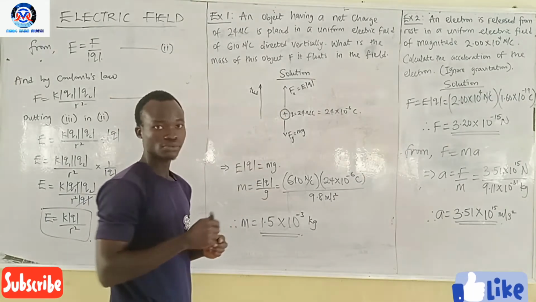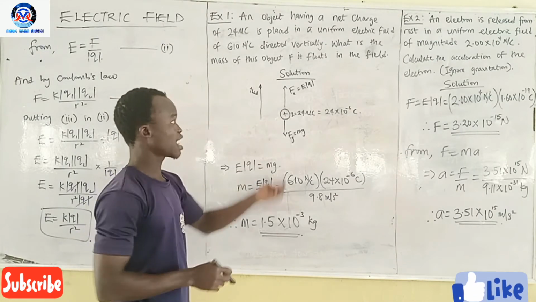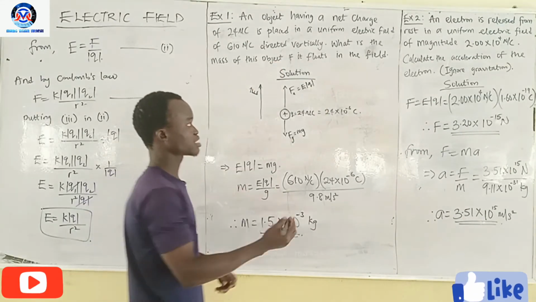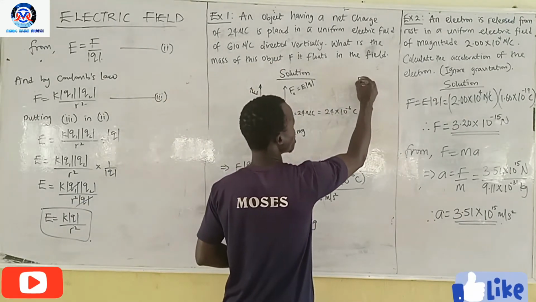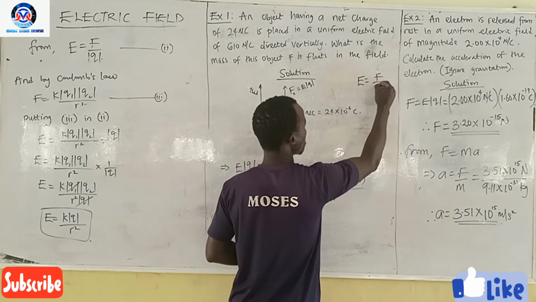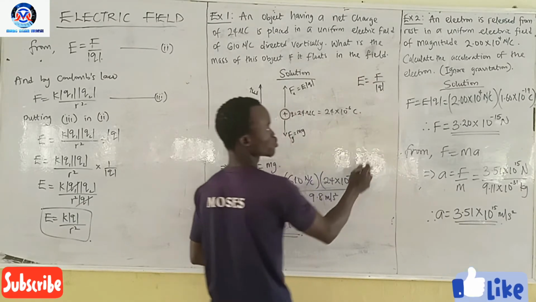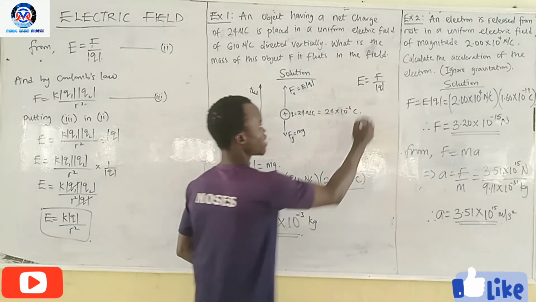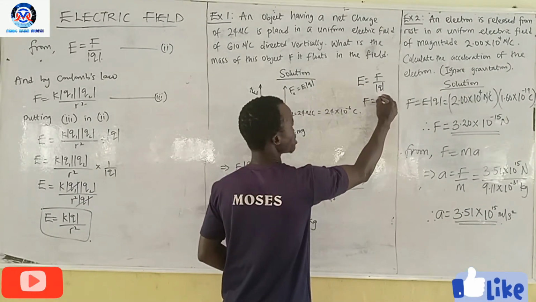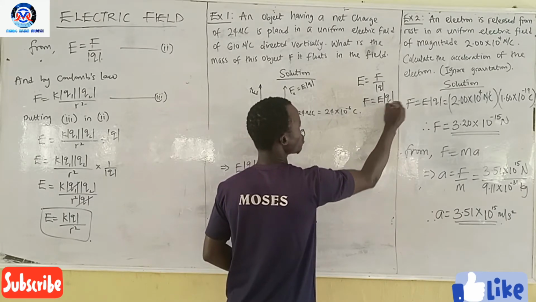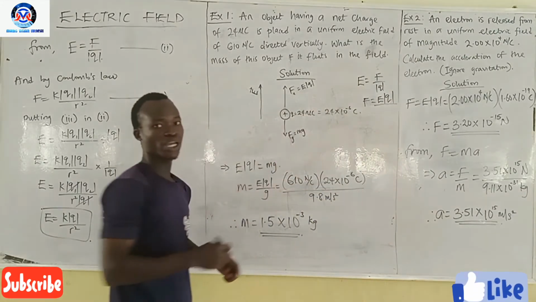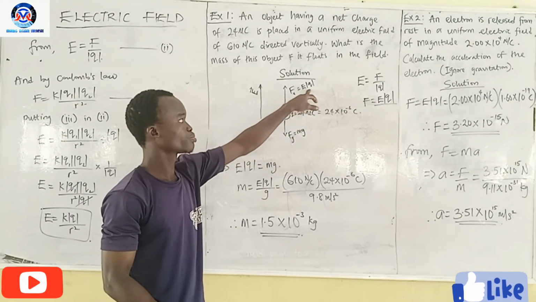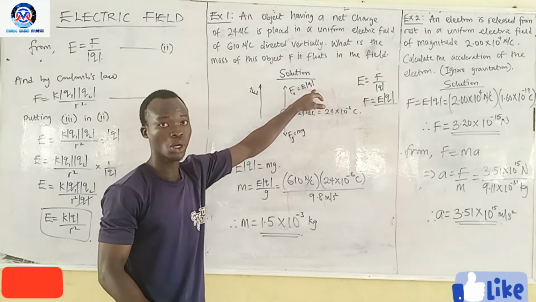The force on the charge is given as electric field multiplied by the magnitude of Q. Don't forget that the magnitude of electric field E is F over the magnitude of Q. Cross multiplying this, we have that the force on the charge is E multiplied by the magnitude of Q, and that is how we have the magnitude of the electric force to be equal to E multiplied by the magnitude of Q.